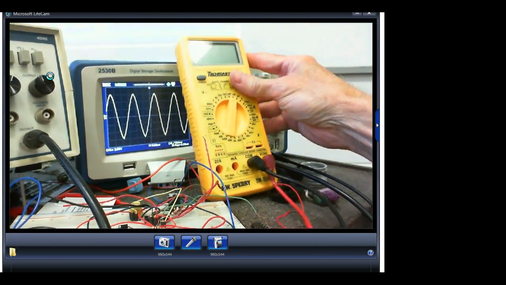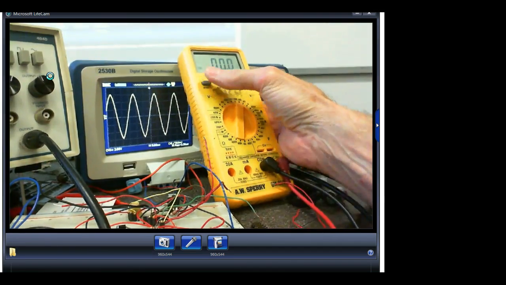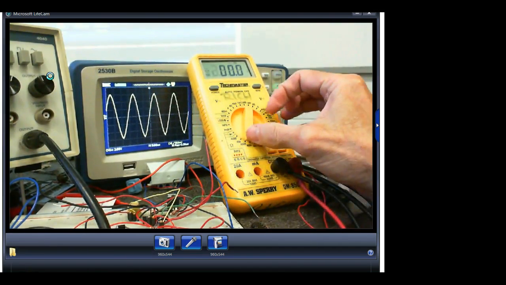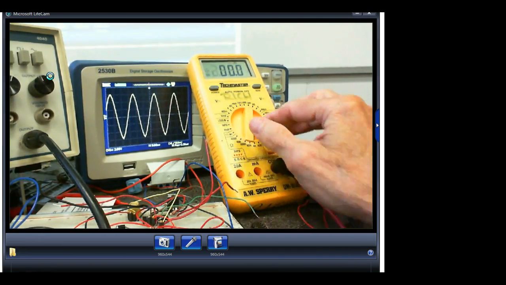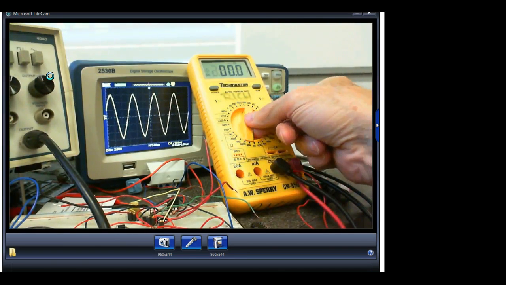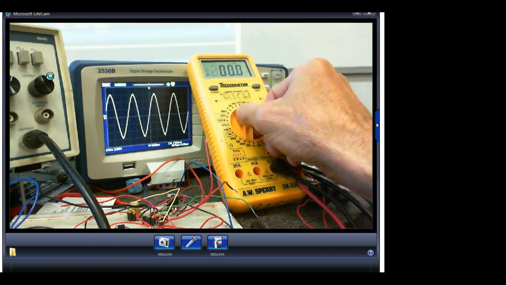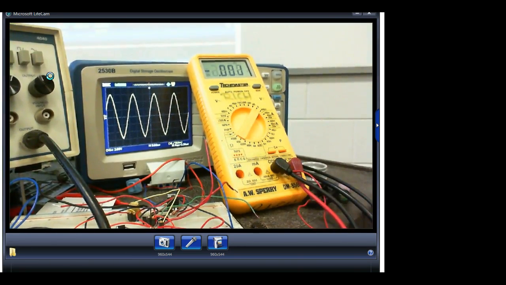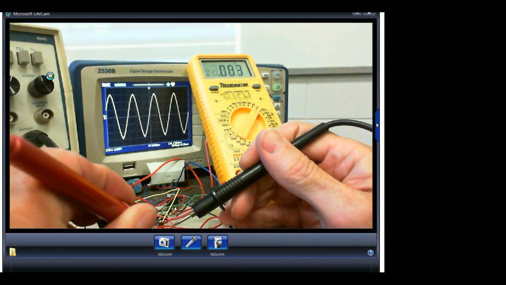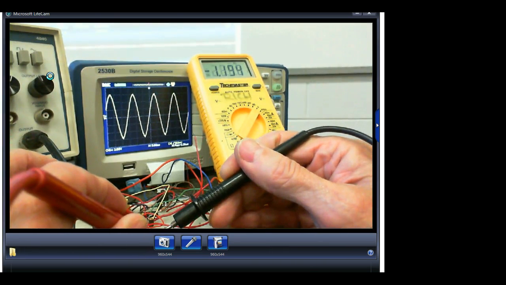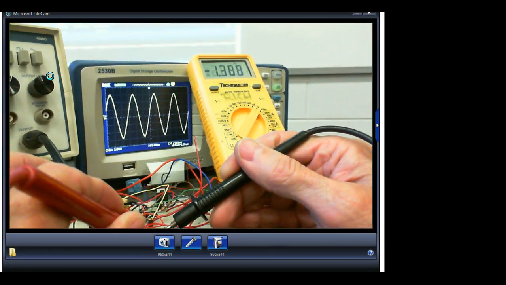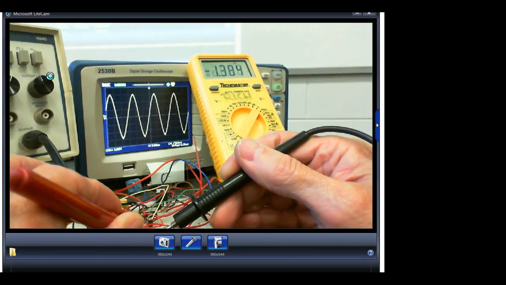I'm going to take my meter. I'm going to turn it on. I'm going to put it on DC. What's our voltage we're going to measure? Okay, so I'm going to put my meter down on 4 volts per division, and I'm going to come up here and measure across my resistor. So it's measuring about 1.4 volts.